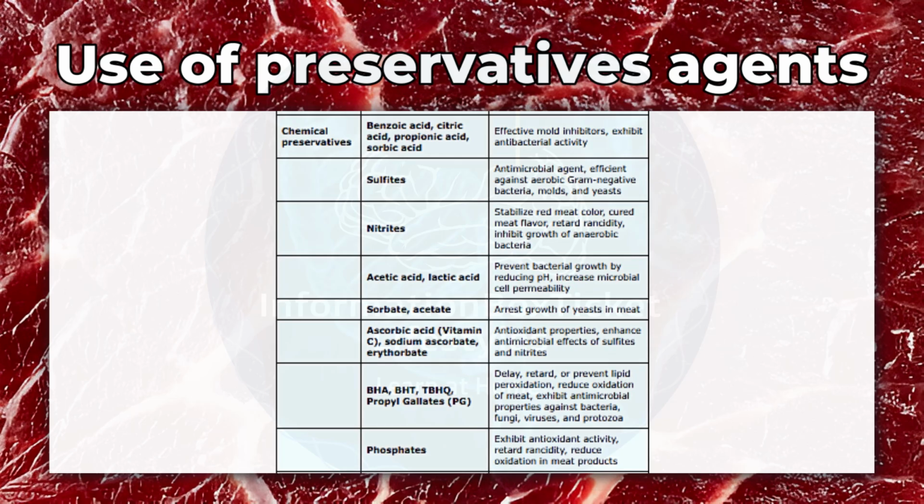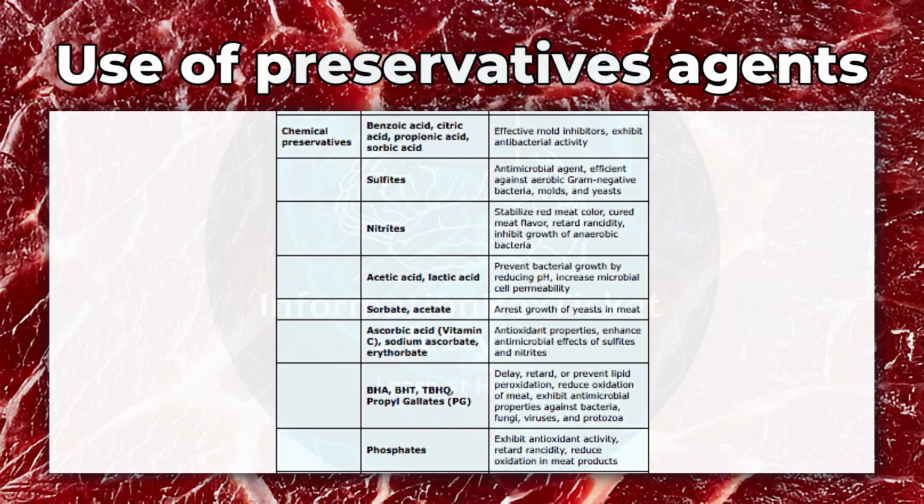Acetic acid and lactic acid prevent bacterial growth by reducing pH and increasing the permeability of microbial cells. Sorbate and acetate arrest the growth of yeasts in meat. Ascorbic acid, vitamin C, sodium ascorbate, and erythorbate have antioxidant properties and enhance the antimicrobial effects of sulfites and nitrites.